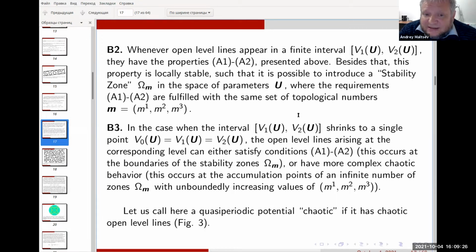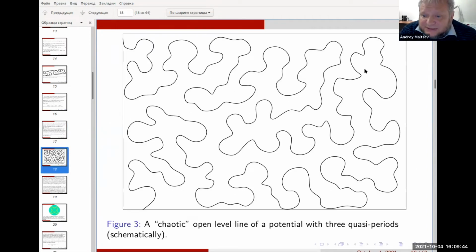So we can see that in the case of three quasi-periods, all quasi-periodic potentials can be naturally divided into two different classes. One class is closer to periodic potentials because its level lines are regular, and the second class is closer to chaotic potential.